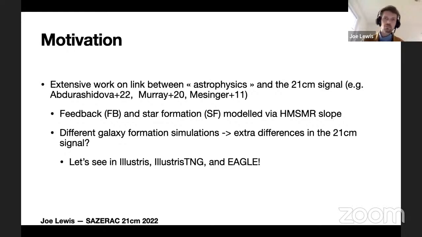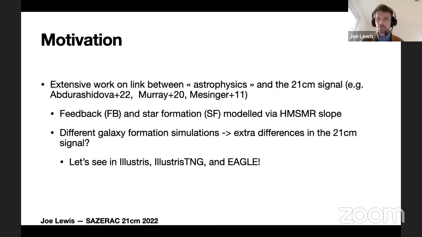So you kind of govern the slope and the value at particular halo masses to incorporate these ideas about feedback. And so the question I want to ask is, can we find something different or extra?